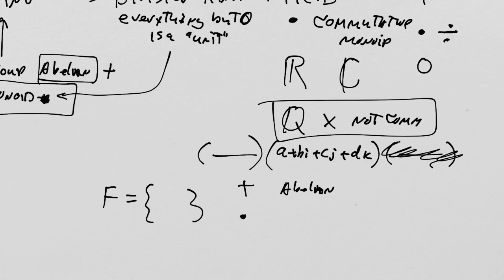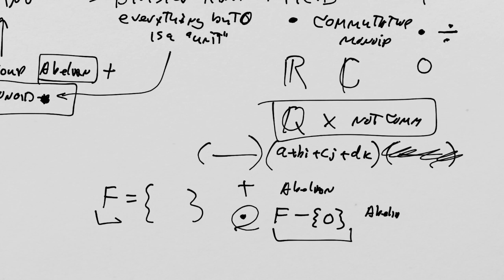But we can also say that F without the zero element is also an abelian group under this monoid multiplication. So F minus the abelian group identity, which is not the same as F, right? It's F minus that, is an abelian group under the monoid.